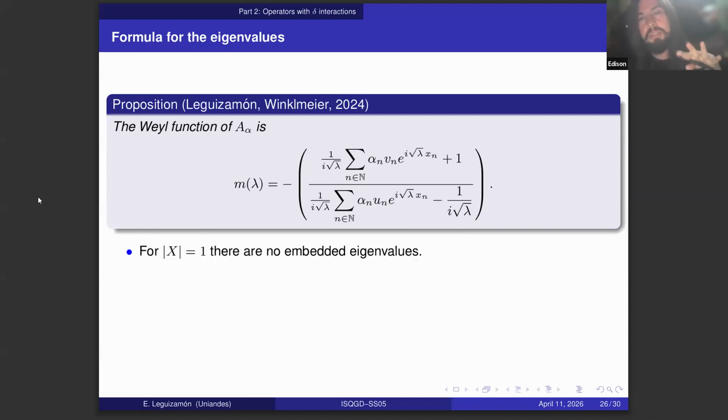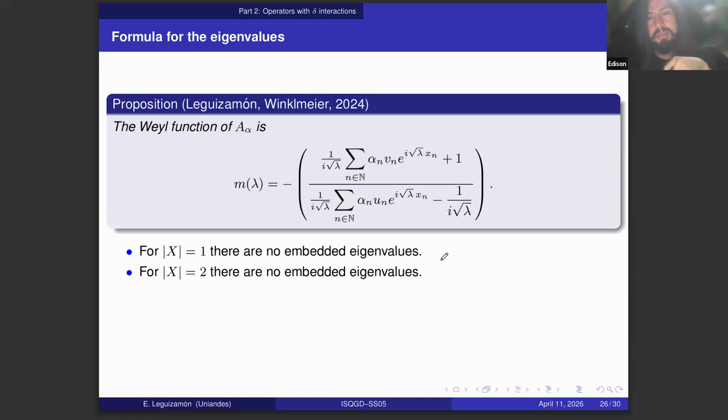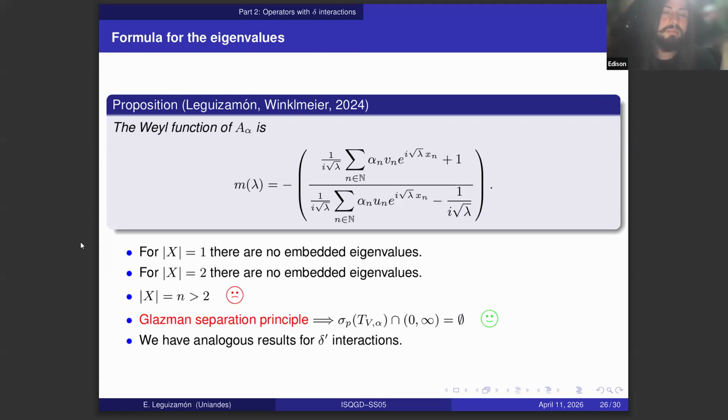But this story is not completely happy, because we managed to calculate explicitly that for these two cases, we don't have embedded eigenvalues. And in the case of more interactions, the Weyl function is not a good idea to use.